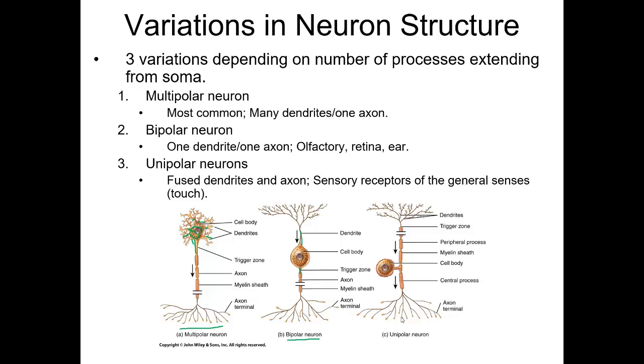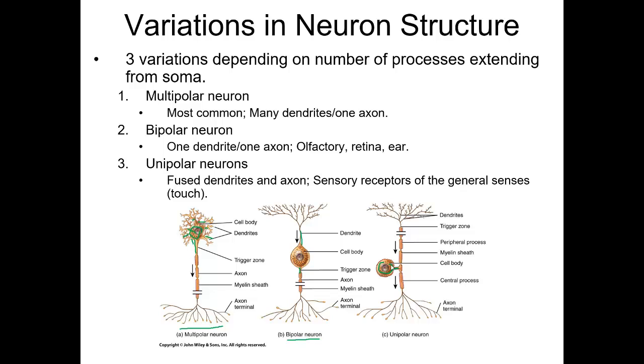Finally, you have the unipolar neuron, which are found in some sensory receptors of the general senses, such as the touch, nociception, which is pain. So here's the cell body. You only have one projection sticking out of the neuron.